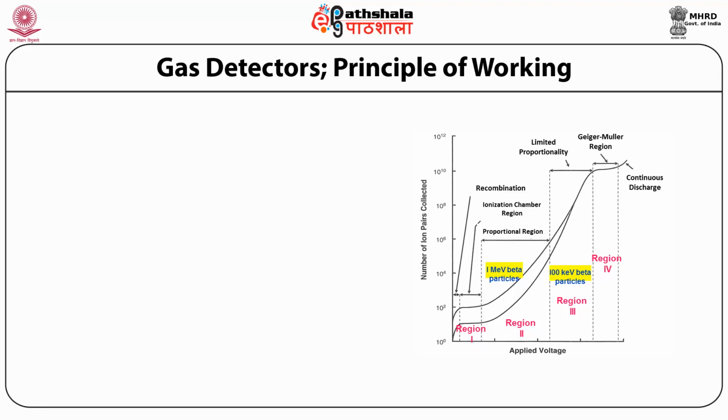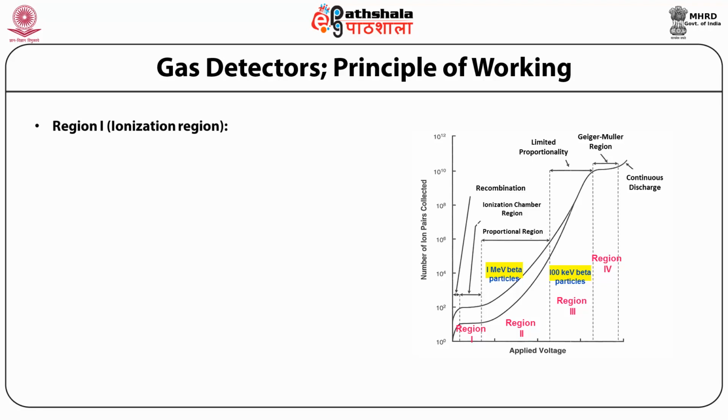Here various terms have been indicated in the picture like recombination, ionization chamber region, proportional region, limited proportionality, Geiger-Muller region, continuous discharge, etc. What these subregions mean and what their properties are, we can discuss in this slide.